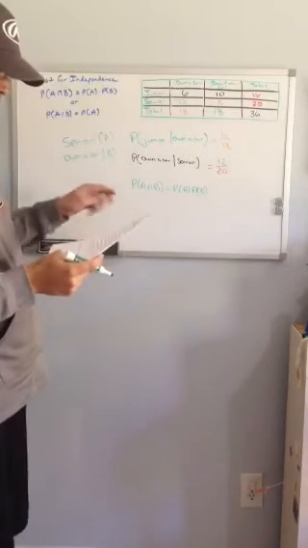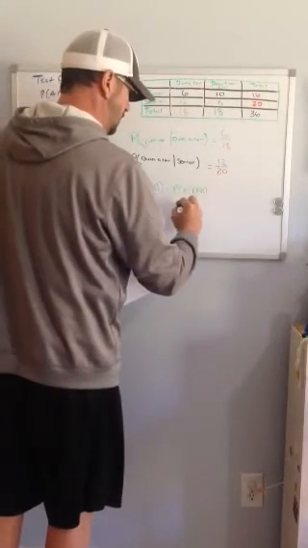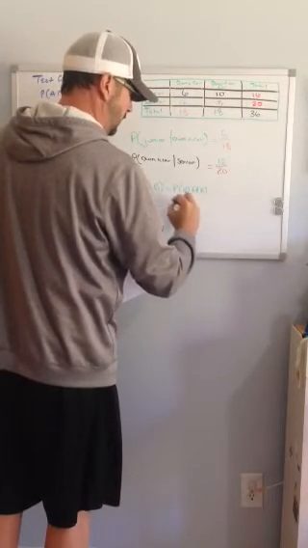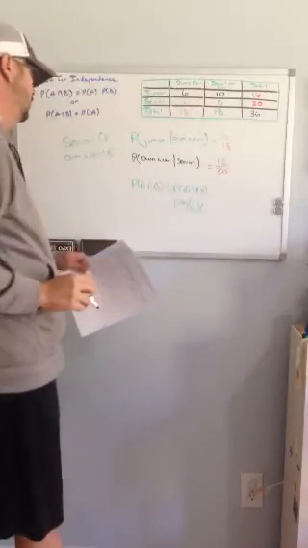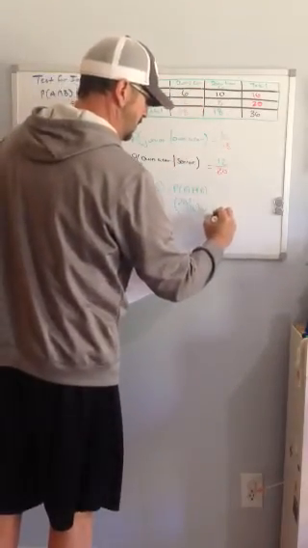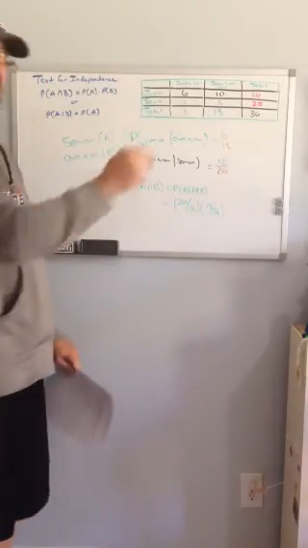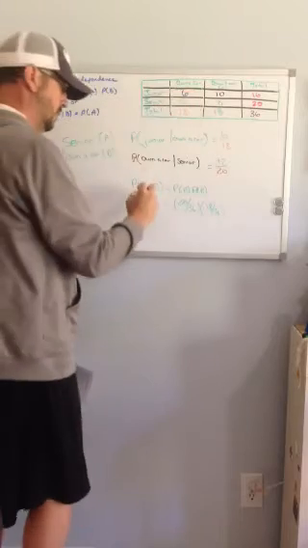So probability of them being a senior, that is 20 out of 36. Owning a car, 18 out of 36. Probability of being a senior and owning a car, where those two things overlap, so 12 out of 36.